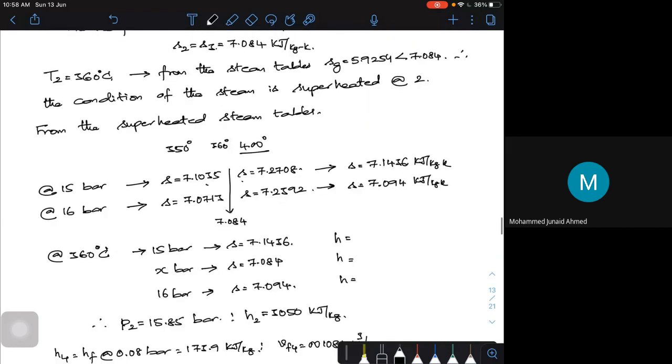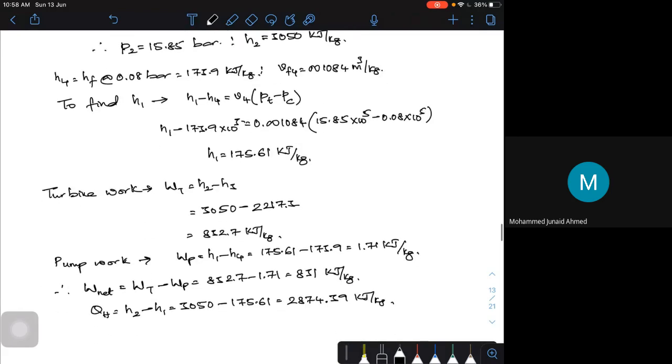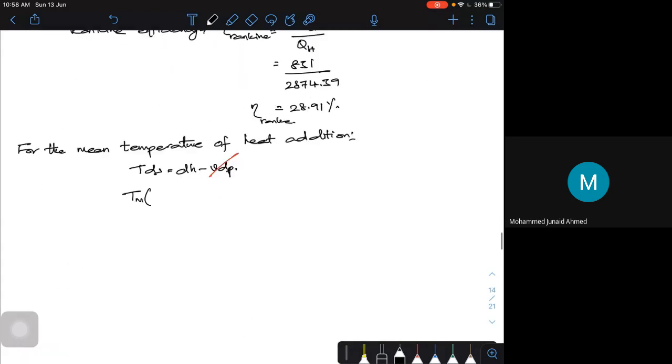This is equal to Tm times (S3 minus S1) is equal to H2 minus H1. S3 also is equal to S2 because entropy is the same, that's why I'm using it.